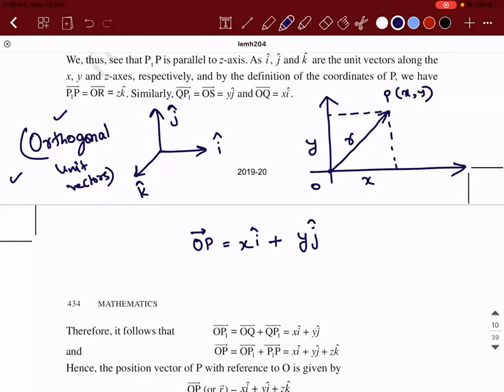Did you understand what I did? Then this OP vector can be called R vector, where X and Y are called components of the vector R.